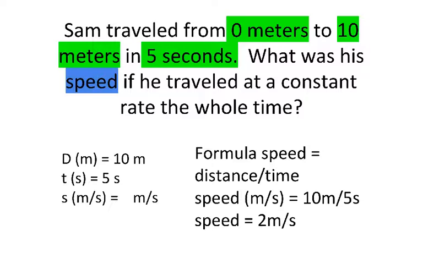And I've already set this up where I put distance, and then I put the unit that I'm measuring distance in, the time, the unit I'm measuring time in, speed, and the unit I'm measuring speed in. Speed is the variable that we are going to solve for in this equation.